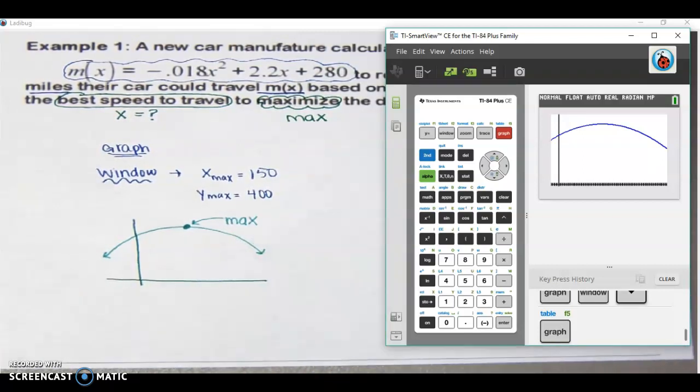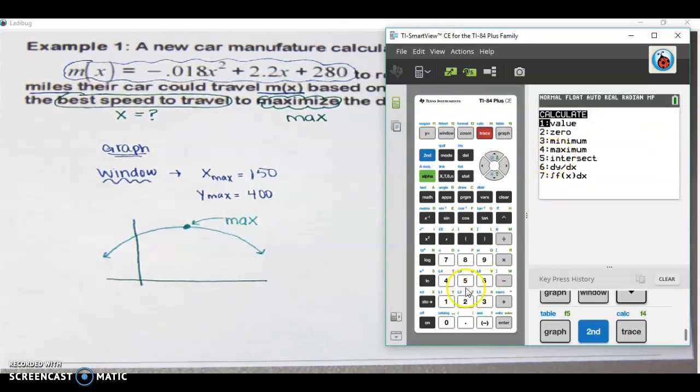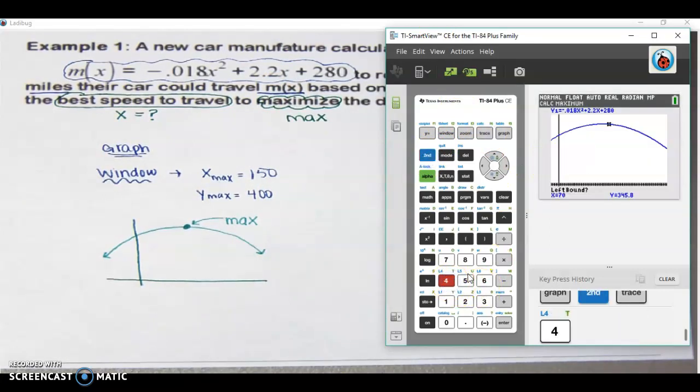To find the maximum on the calculator, you go to second, trace, and then number 4, which is maximum. It's going to say left bound. So here is the max, but you need to move the cursor somewhere on the left side. So I'm going to move it way over here and hit enter. And then it says right bound. You have to move it to the right side of the max, somewhere to the right of it. Right there should be good. Hit enter.